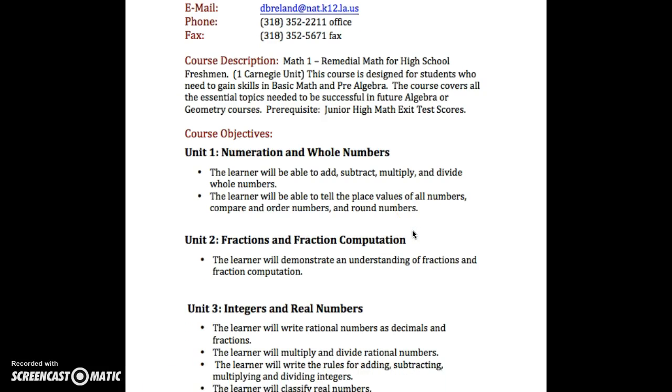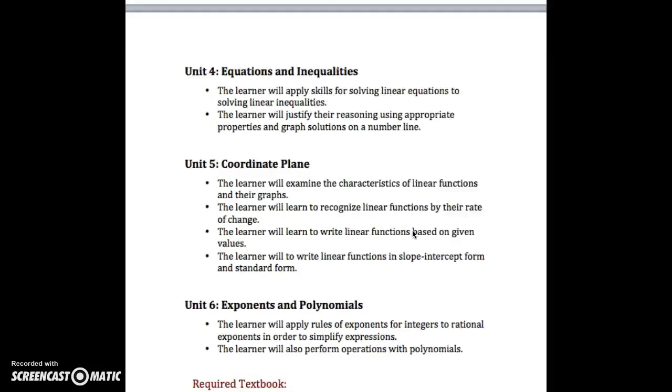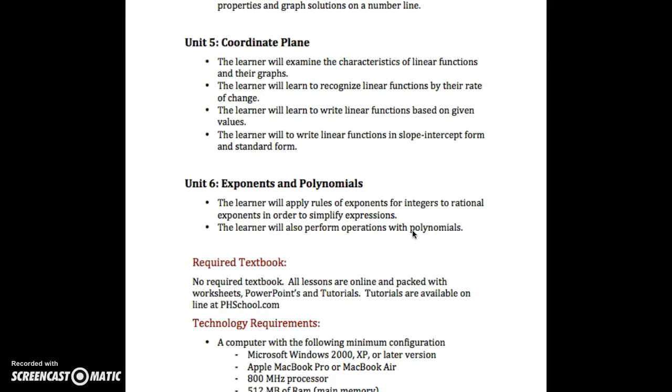The next item on the syllabus is the textbook usage. As you notice, there's no required textbook. All lessons are online and packed with worksheets, PowerPoints, and tutorials. Tutorials are available online at phschool.com.